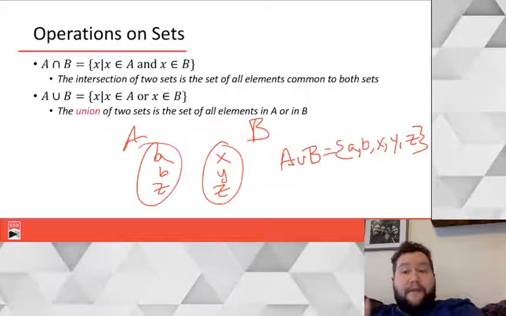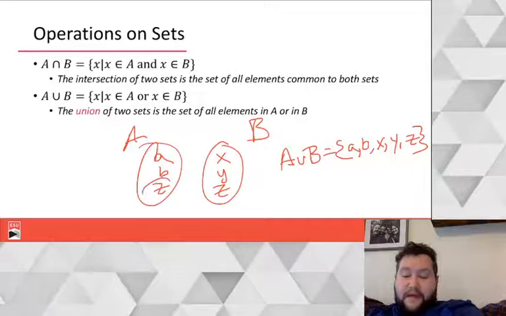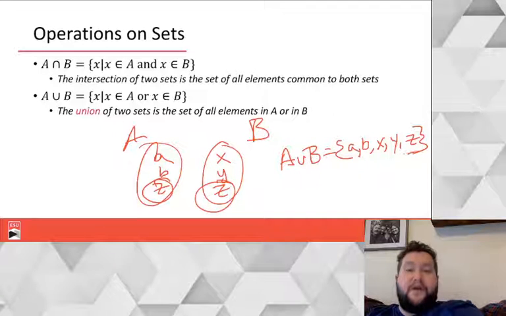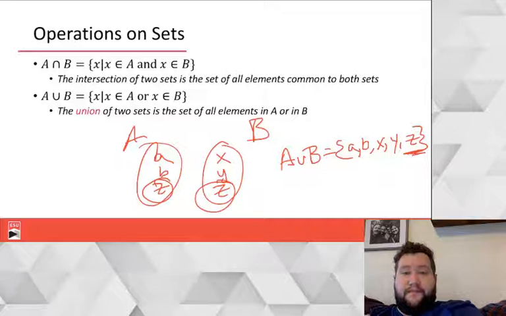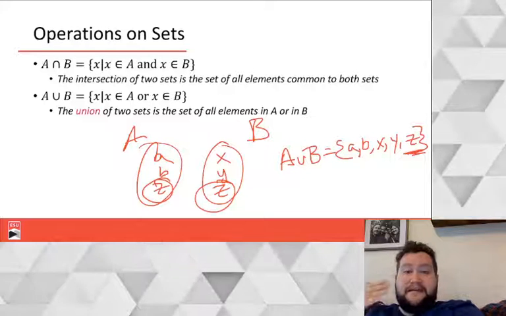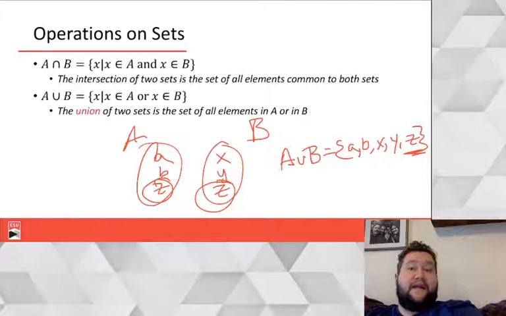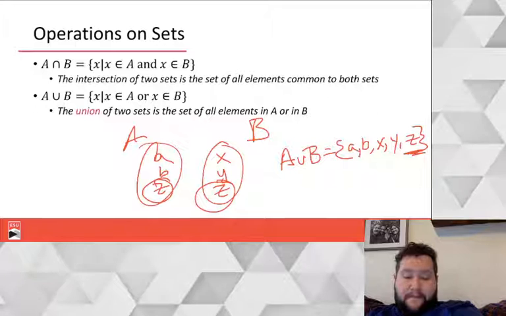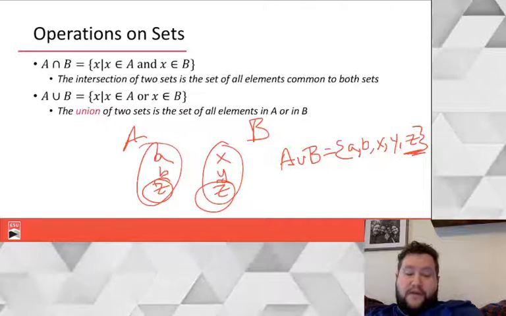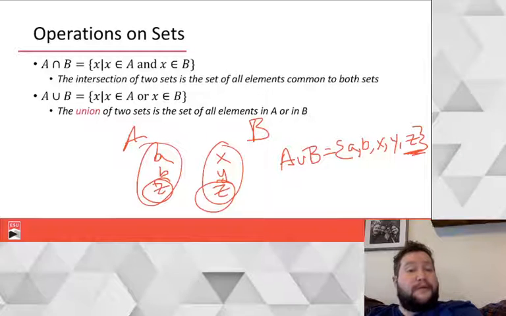But one thing that must not be the case, notice that there's a Z in both, but I didn't write it twice. You only ever write an element once, because Z is a unique element. It can't be in there twice. If it's there, it's there. And if it's not, it's not. It can't be there twice. So the union is in A or B or both. But we don't double count.